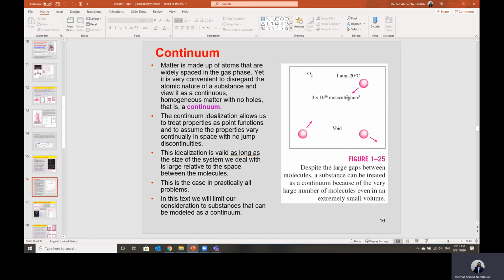Let's say we have air inside this tank. That means the concentration of air should be the same everywhere within this tank. So homogeneous means we have the same chemical composition everywhere. So air here is about 21% O2 plus, let's say on average, 79% N2. So this concentration at the corner should be the same as at the middle, should be the same anywhere. So we can say this is a homogeneous matter.